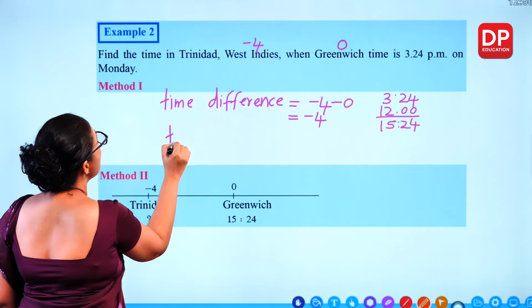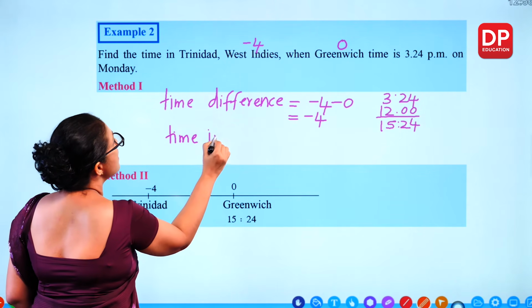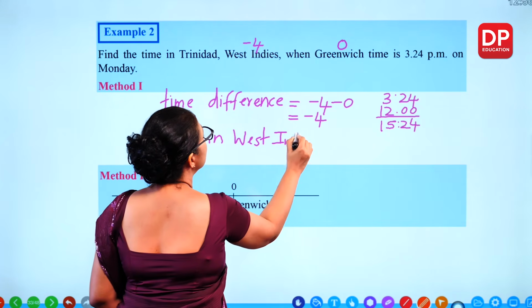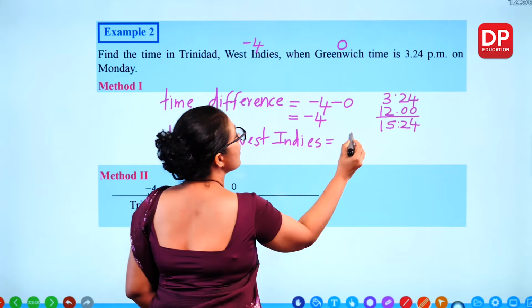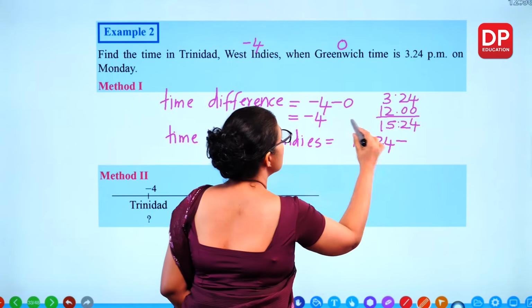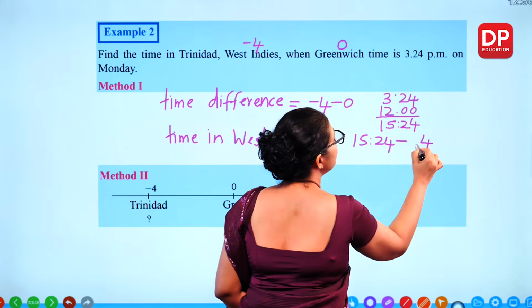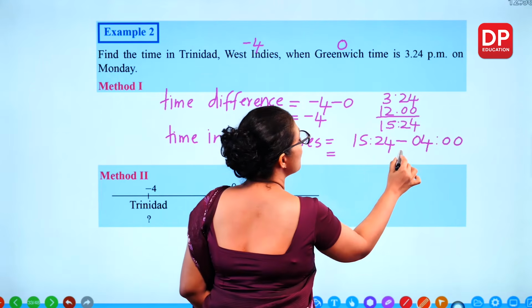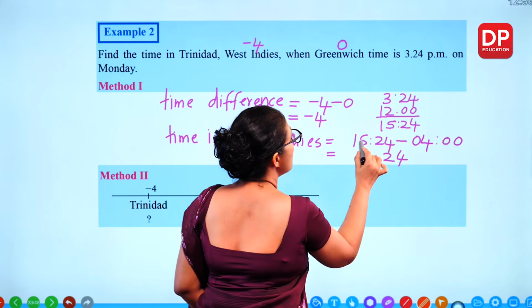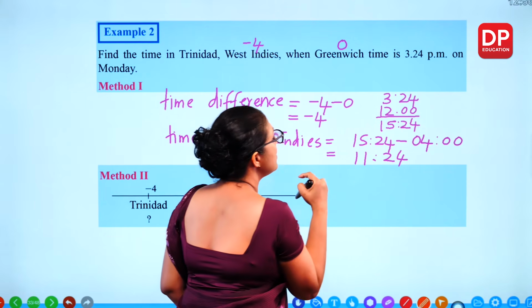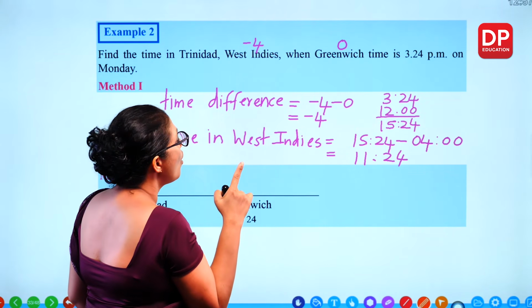So time in West Indies is 15:24 minus 4 hours. So what's the value? 24 there. 5 minus 4, 1. So you get 11:24.